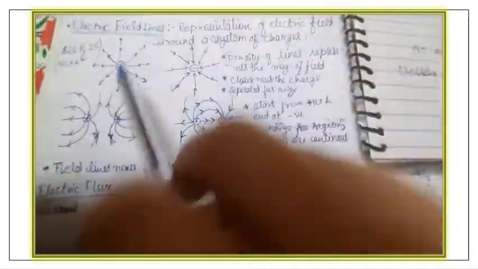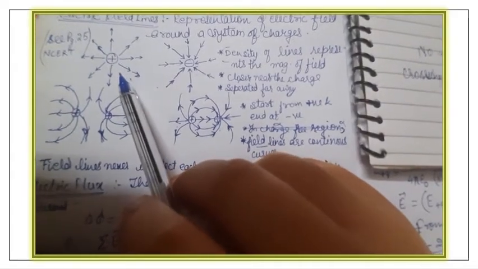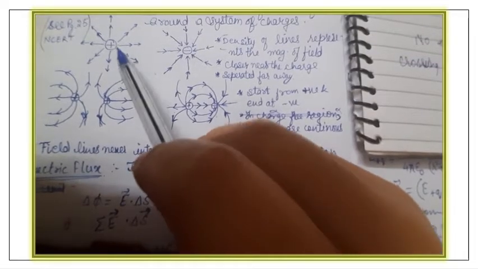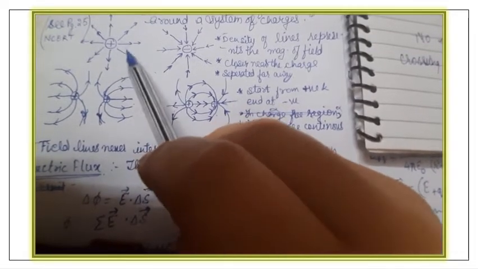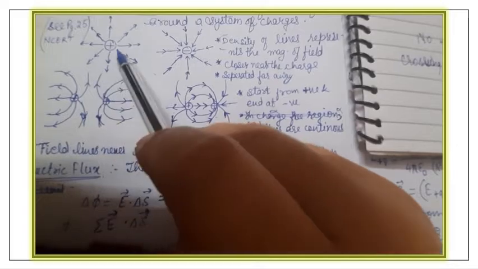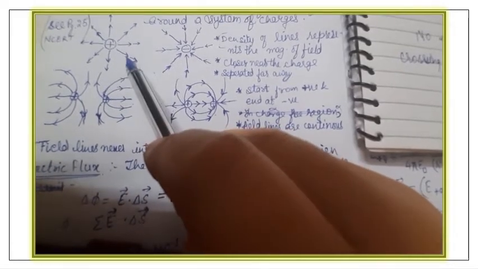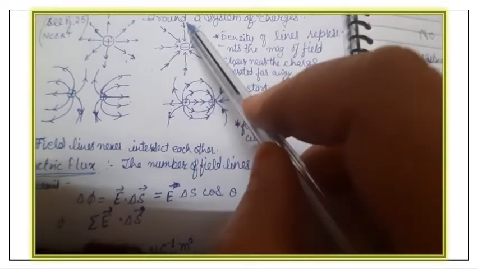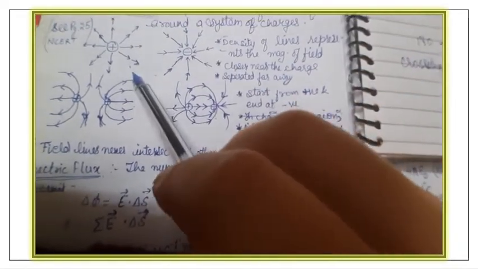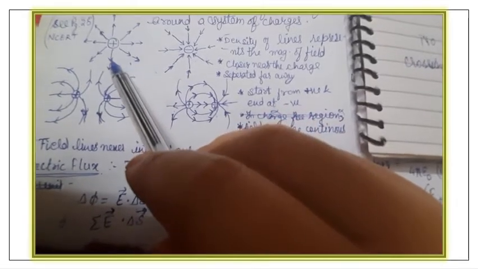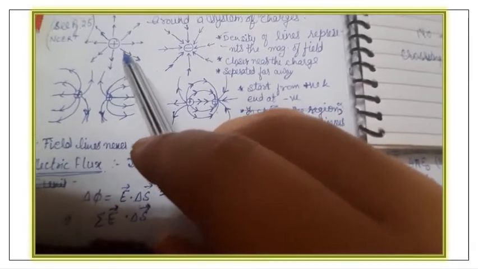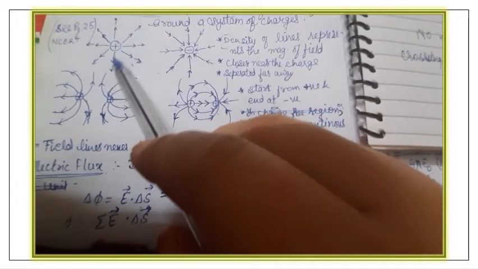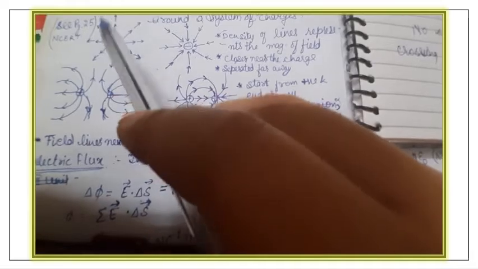So we see a few interesting facts about the electric field and the properties of electric field lines. One more interesting point I would like to bring to your notice is that when I have represented the electric field lines by arrows, the arrows nearer to the charge are longer, while the arrows farther away from the charge are shorter. The reason is that you have already been taught in class 11th that when you represent a vector by an arrow, the length of the arrow represents its magnitude.